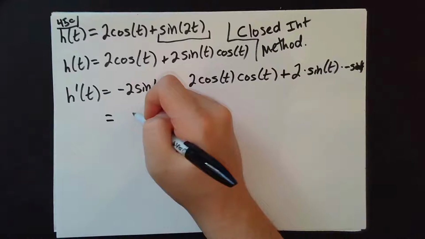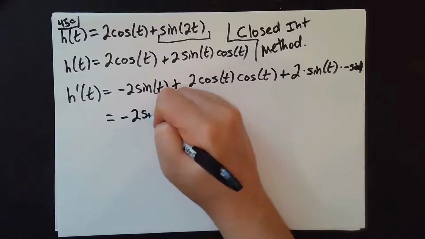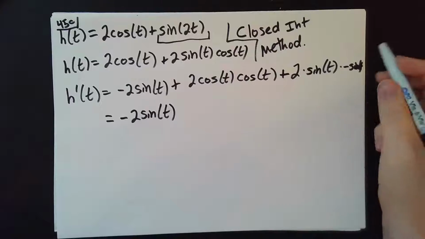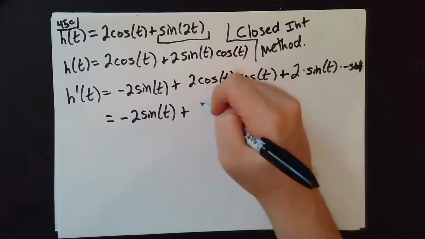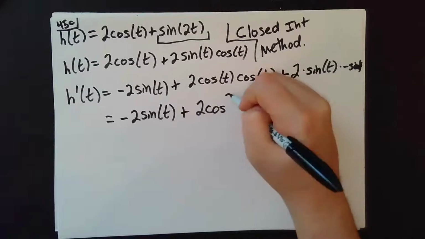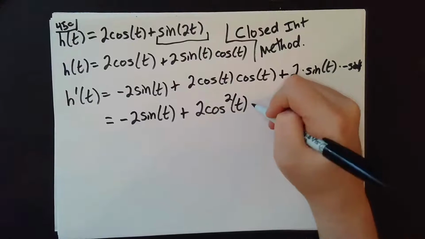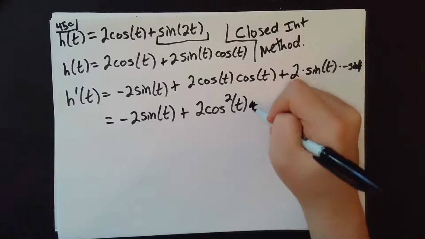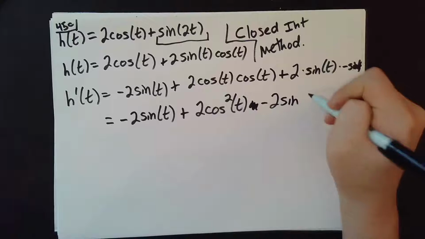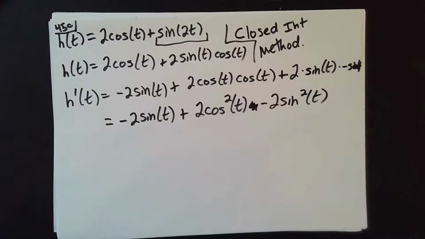Okay, so simplifying that, I will get minus 2 sine of t plus 2 cosine squared of t plus, minus 2 sine squared of t. And I need to know when this is 0.